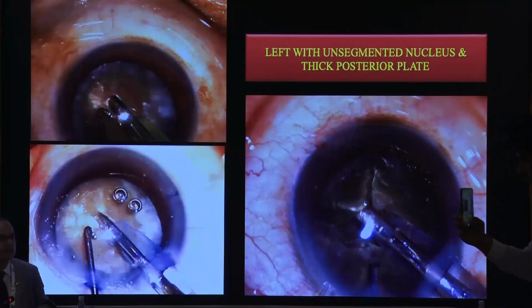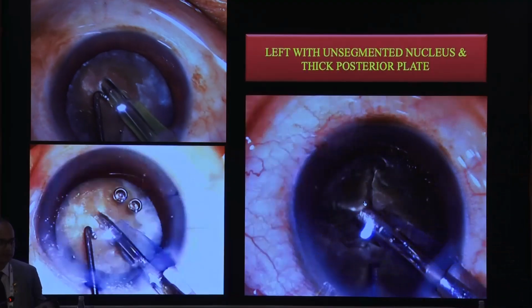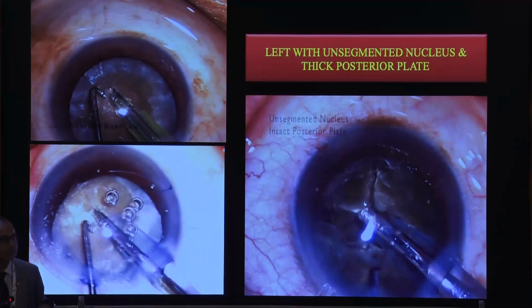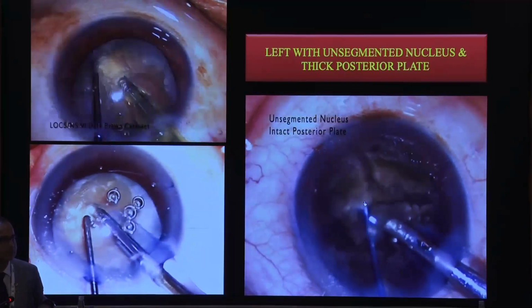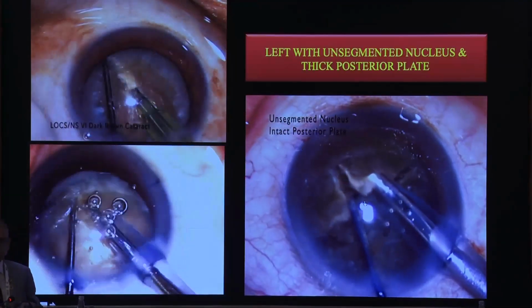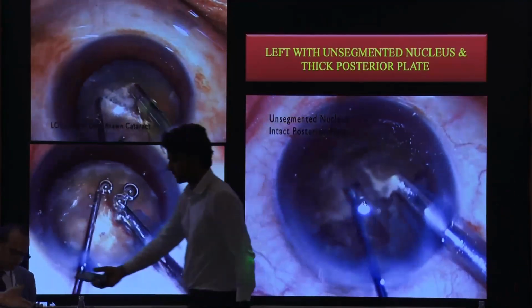And if you don't get the complete fracture of the nucleus, then you have these conjoined segments. This is the common problem we come across in a very hard cataract. You are left with conjoined segments, and you try to pull them out with the phacoprobe.